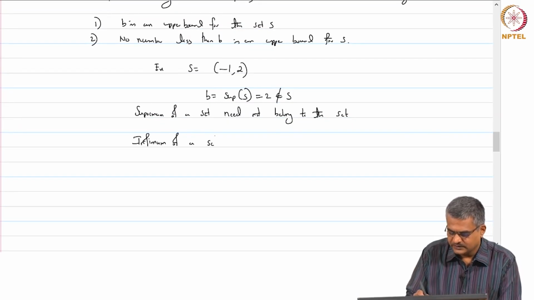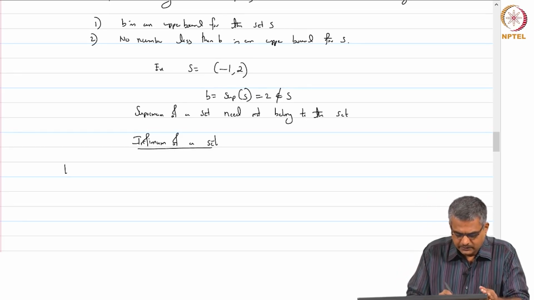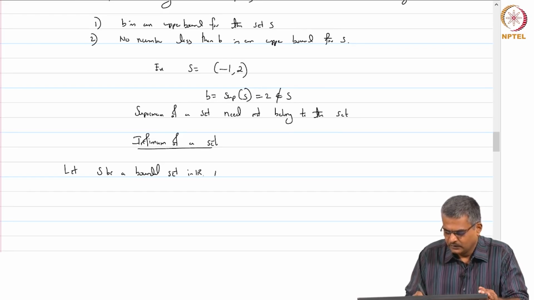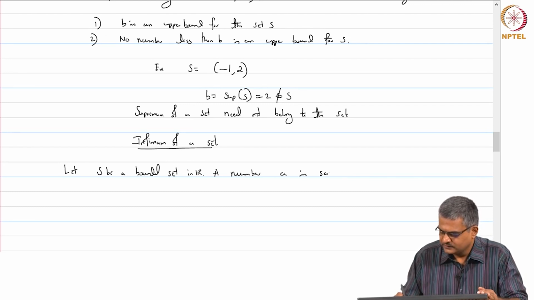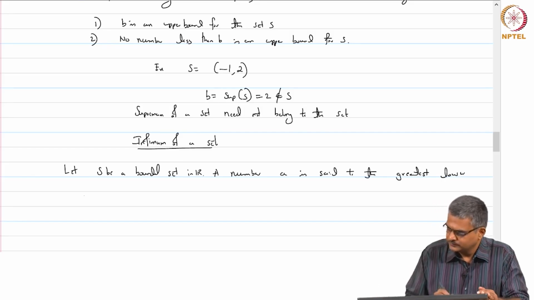So, similarly one can define the notion of infimum of a set, right. So, again let S be a bounded set in R, a number say A is said to be the greatest lower bound.